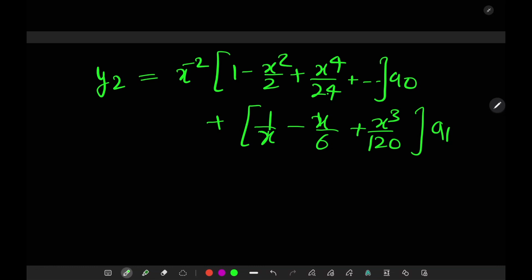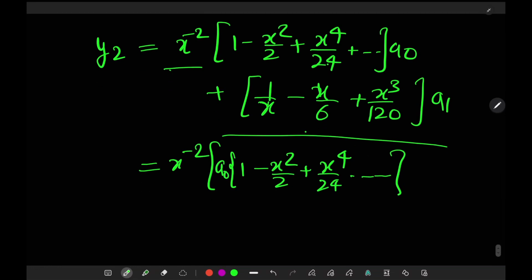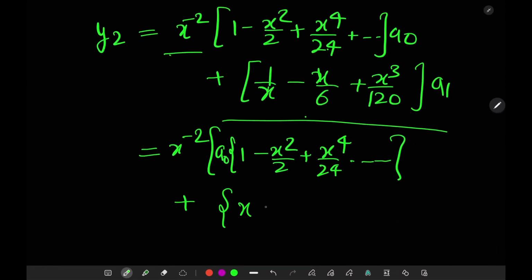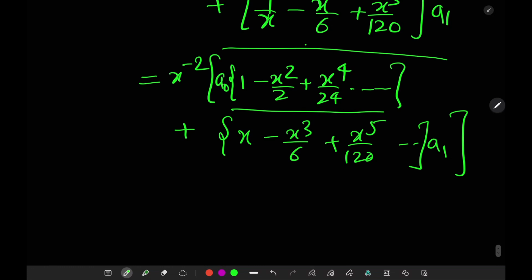If we take common minus x square in this and from this we can write this, and taking also a naught common plus x minus x cube divided by 6, as you can see this is the cos x formula and this is the sin x expansion formula.